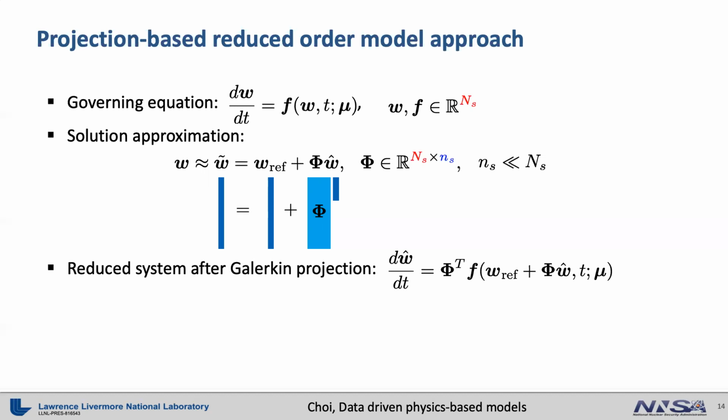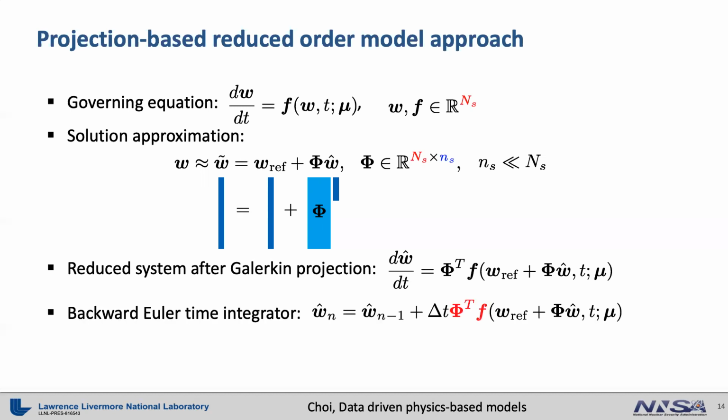But at the end of the day, it gives a reduced system of ordinary differential equations to solve. Then you can apply your favorite time integrator to this reduced system. Here I have applied the backward Euler time integrator just for demonstration purposes. This gives us the fully discretized reduced nonlinear system of equations you have to solve in every time step.